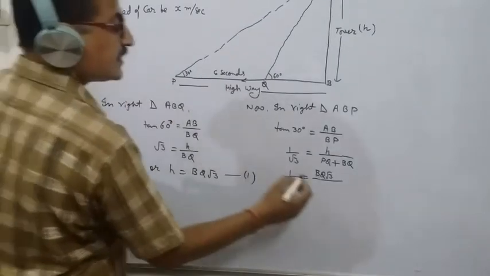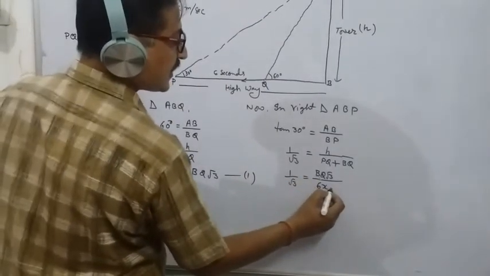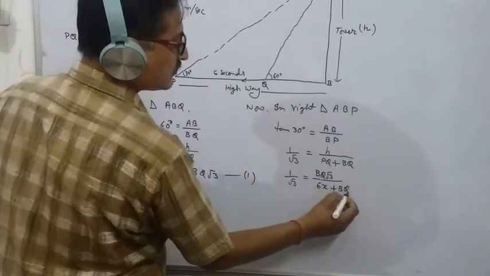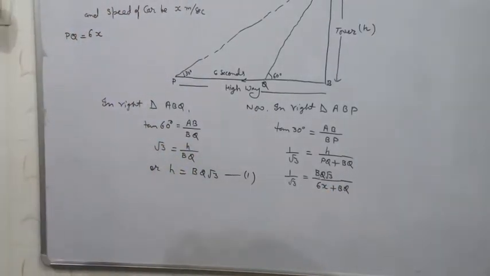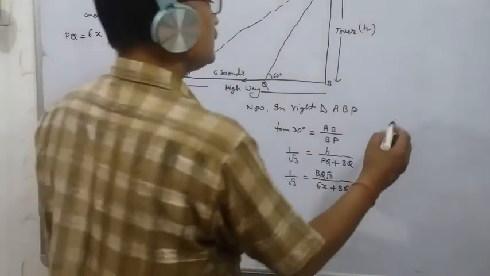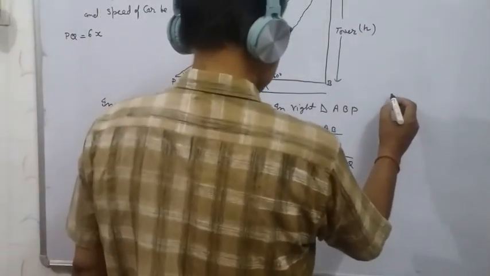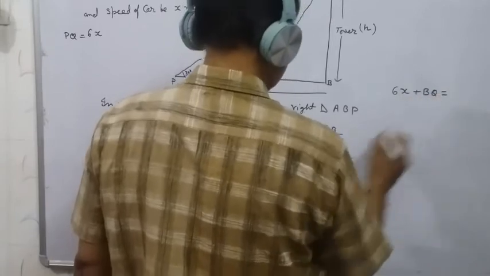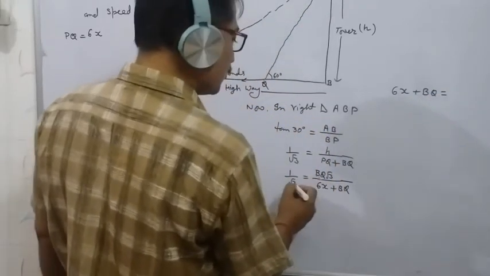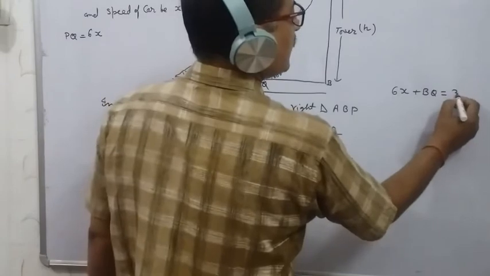PQ is 6x, plus BQ. Now cross multiply. 6x plus BQ equals BQ into root 3 into root 3. Root 3 into root 3 is 3, so 3 BQ.